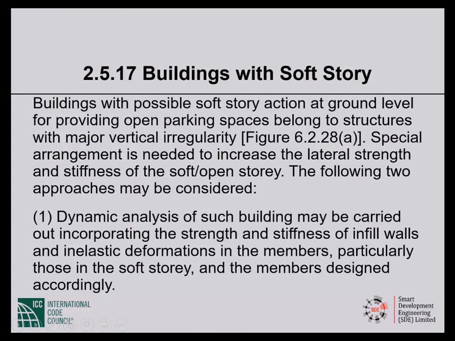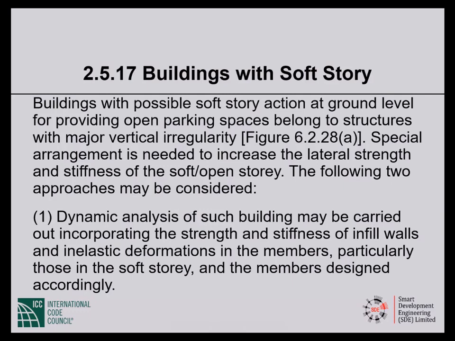Well, let me read the first part. So, buildings with possible story drift action at ground level for providing open parking spaces belong to structures with major vertical irregularity. Special arrangement is needed to increase the lateral strength and stiffness of the soft or open story. The following two approaches may be considered.